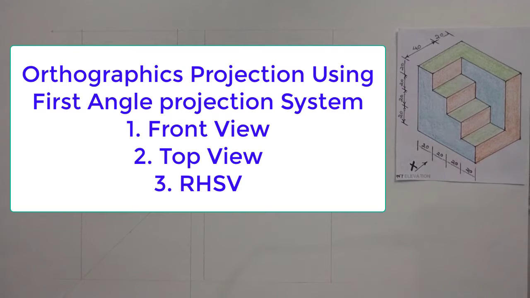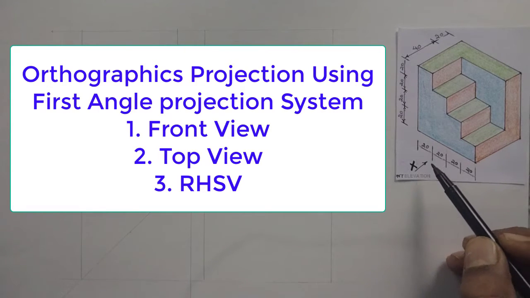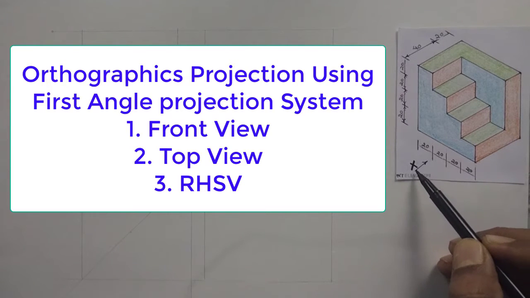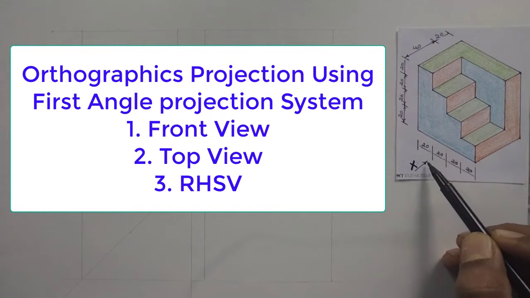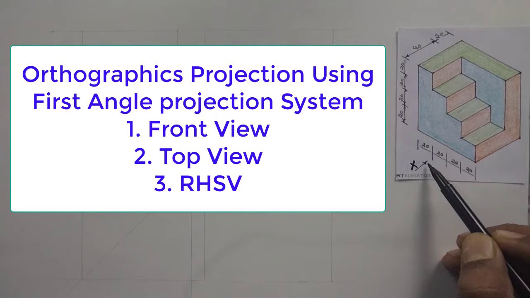Today we are going to solve an orthographic projection in the first angle projection system. The problem statement: see the object from the X direction and consider it the front view.